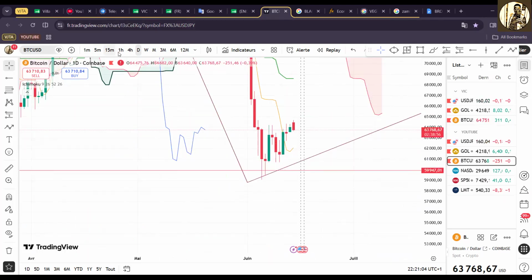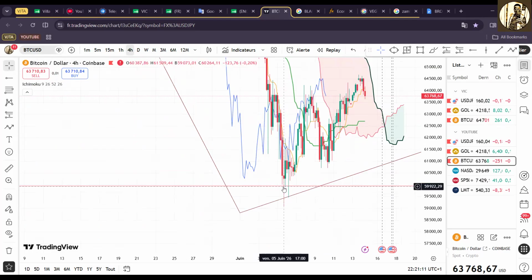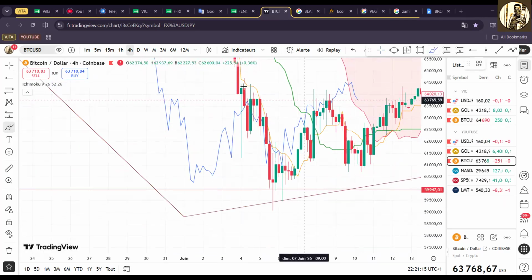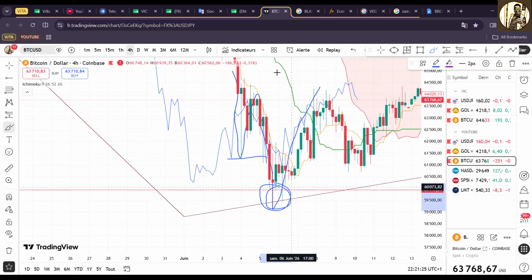So at this level, normally the price should have gone to the upside from this bottom. That's why I'm saying that on daily, the price goes back down, goes back up, then goes back up. So after this V breaker, this part of the price is a clear buy.